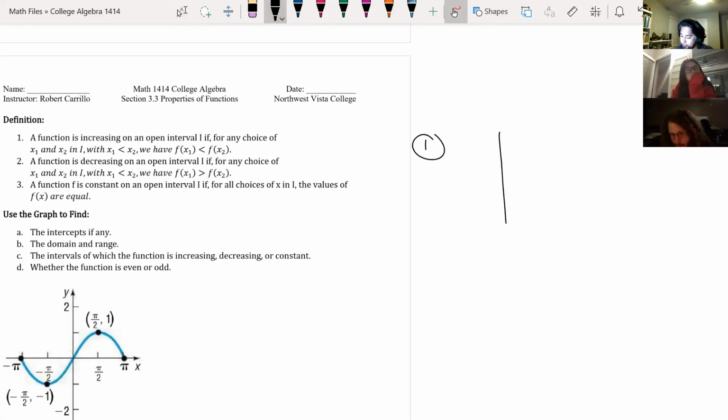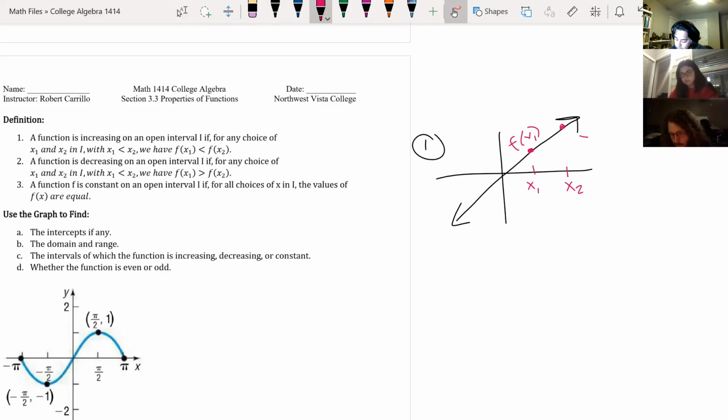So here's my graph, and here is my function. Here's x1 and here's x2. These y values up here are f of x1 and f of x2.